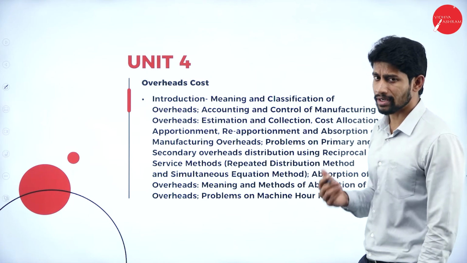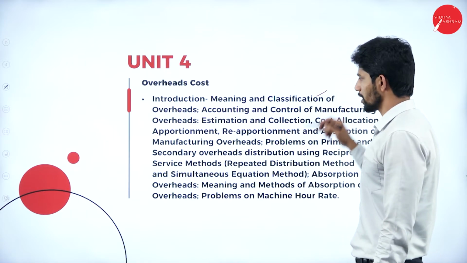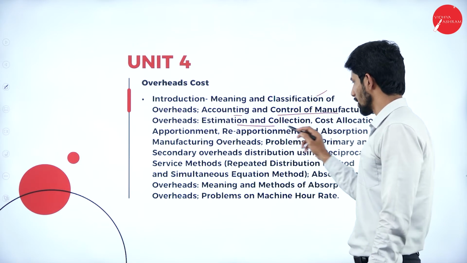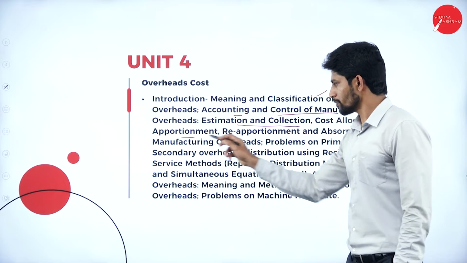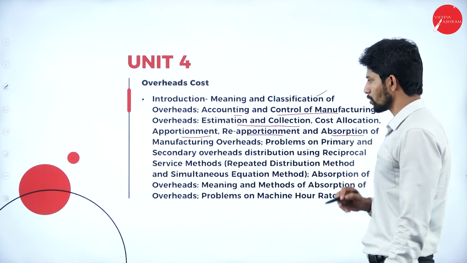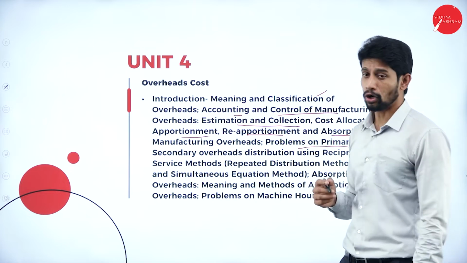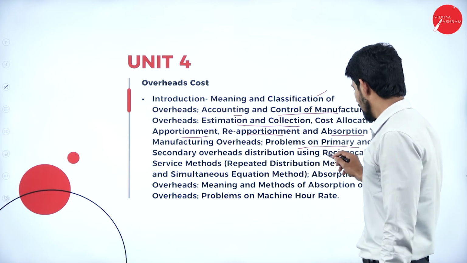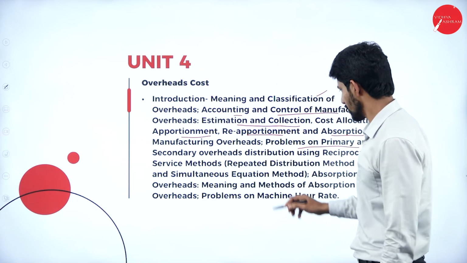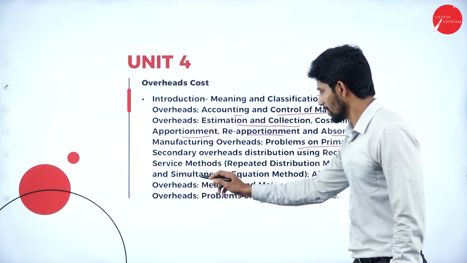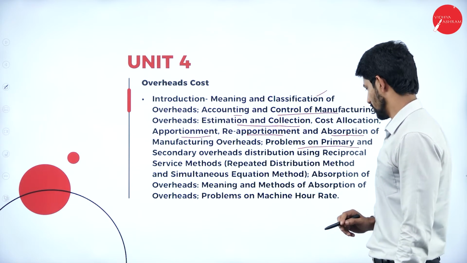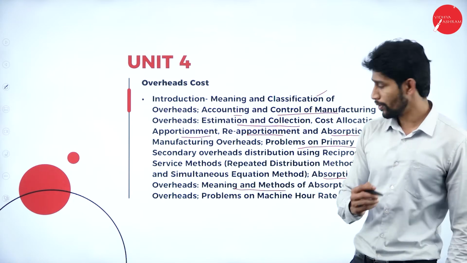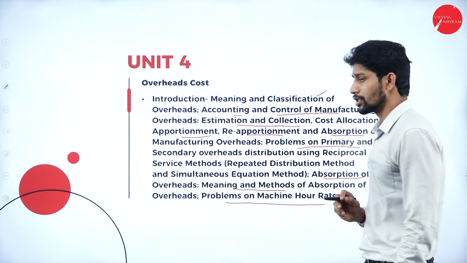So in this, we are going to study about the meaning of overheads, classification of overheads, accounting and controlling of manufacturing overheads, estimation and collection, cost allocation, apportionment, reapportionment, and absorption of manufacturing overheads, and problems on primary and secondary overheads distribution using reciprocal service method, that is repeated distribution method and simultaneous equation method, and also absorption of overheads, meaning and methods of absorption of overheads, and problems on machine hour rate.